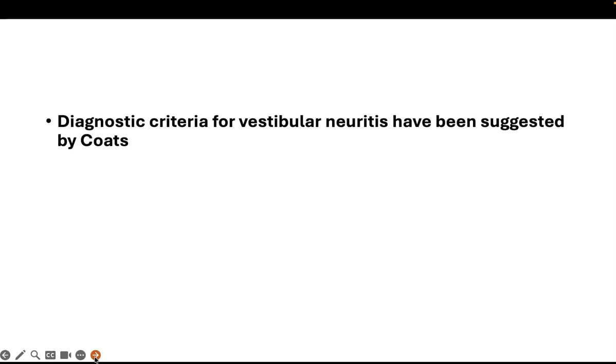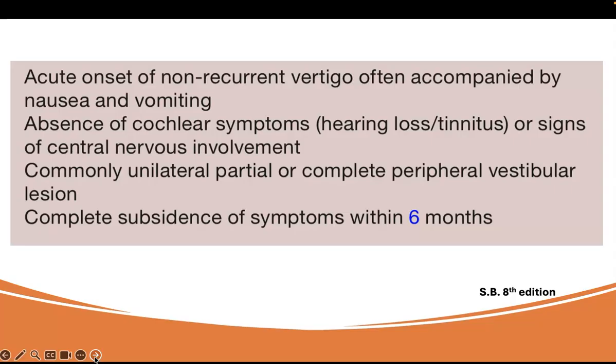Now, there is something called the diagnostic criteria of vestibular neuritis that has been suggested by Coates, and it is also called the modified Coates criteria. This consists of acute onset of non-recurrent vertigo that is often accompanied by nausea and vomiting. Absence of cochlear symptoms, that is, hearing loss and tinnitus, and no signs of central nervous involvement.